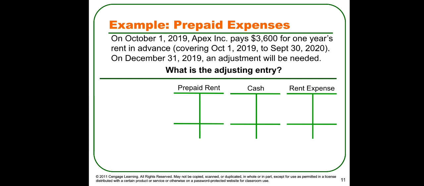When the business pays 3,600, it is an asset, because after paying, the business can use the building for the next 1 year. Okay? But when the business uses the building, the amount will become an expense.